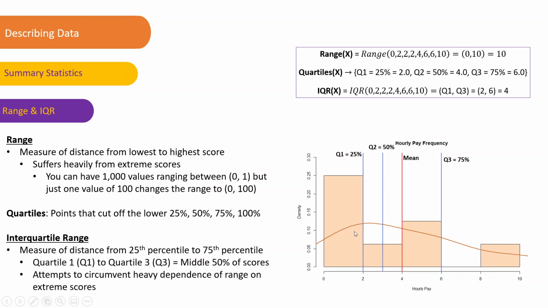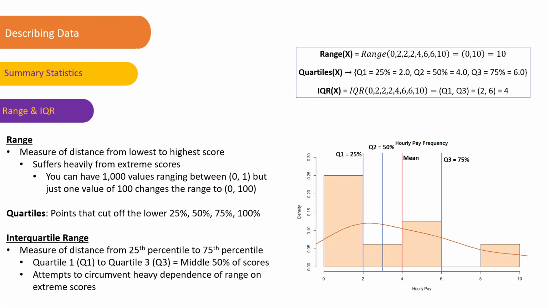So 25% of our values fall at or below 2. Our second quartile, which is our median, is 50%. So 50% of our values fall at or below a value of 3, it looks like. And then our mean would be 4 in this example. Q3 would be right here. This would be the 75th percentile. So 75% of our scores fall at or below 6. And then the upper 25% fall above Q3.